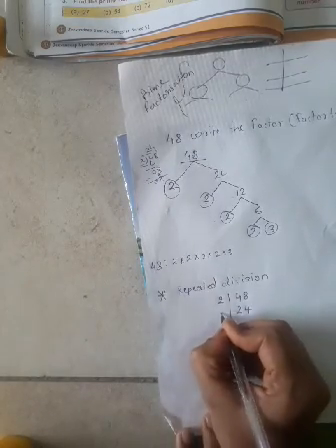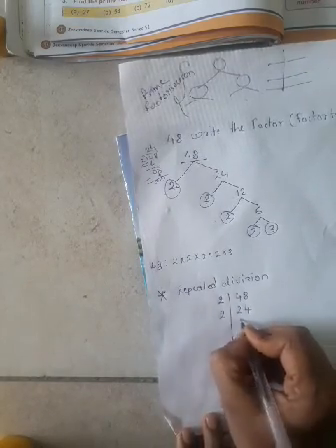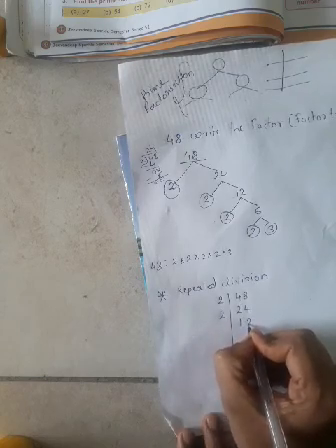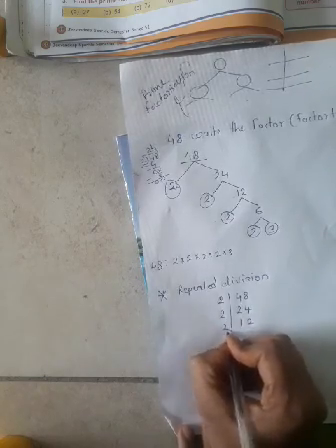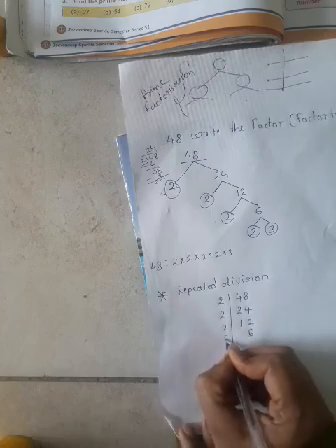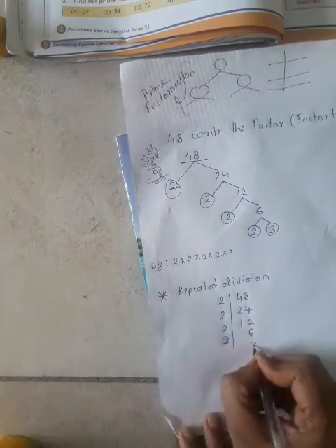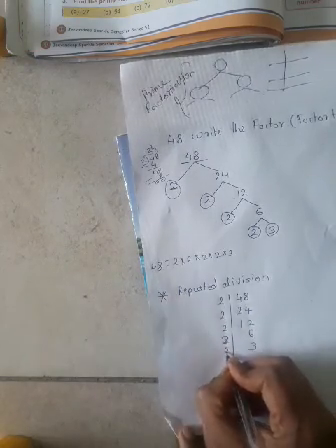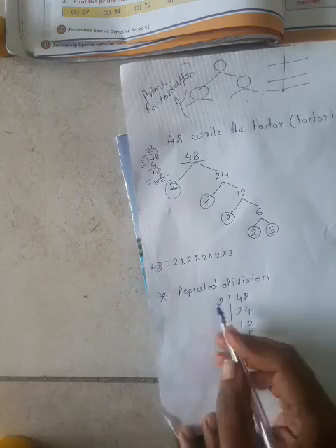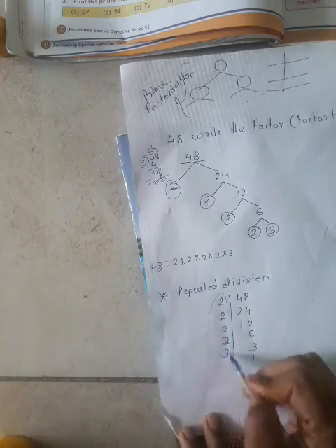Next also 2: 2 ones are 2, 2 twos are 4. Next also 2: 2 threes are 6, and 3 ones are 3.